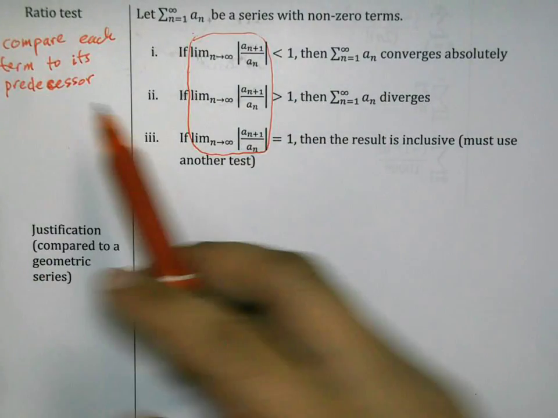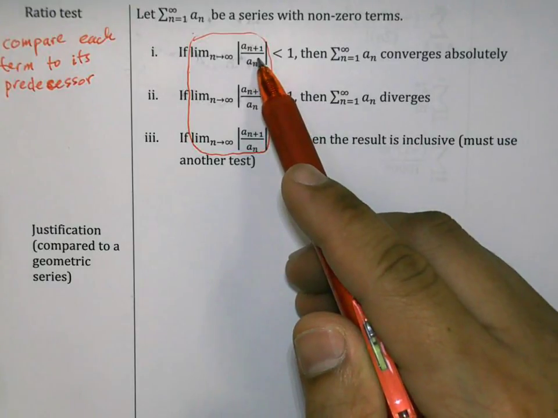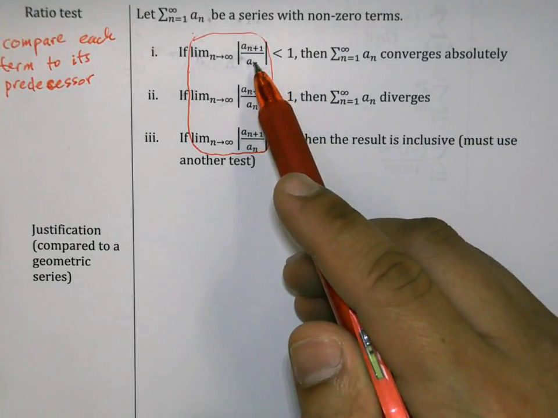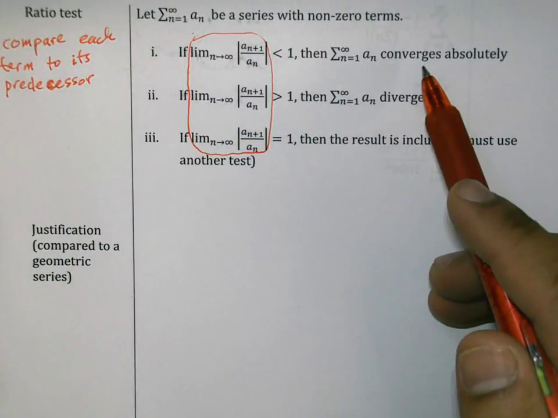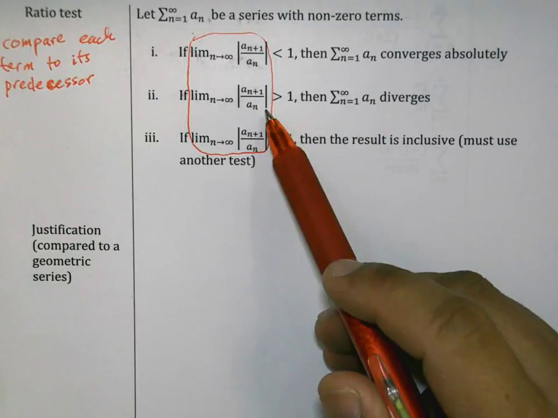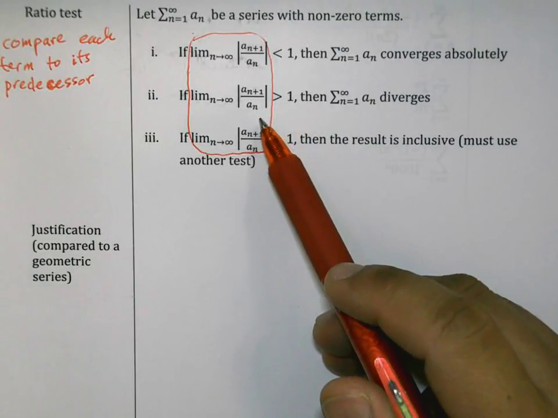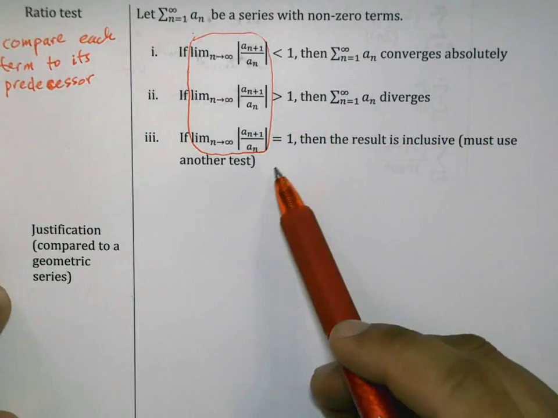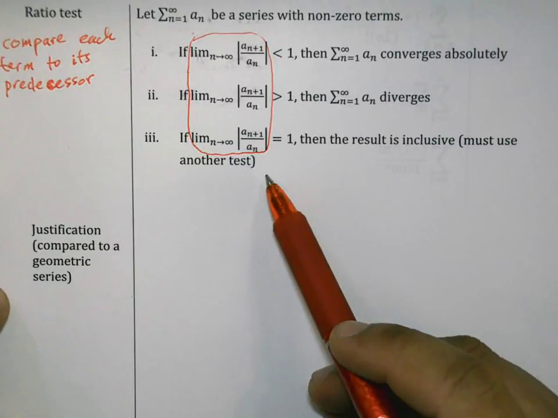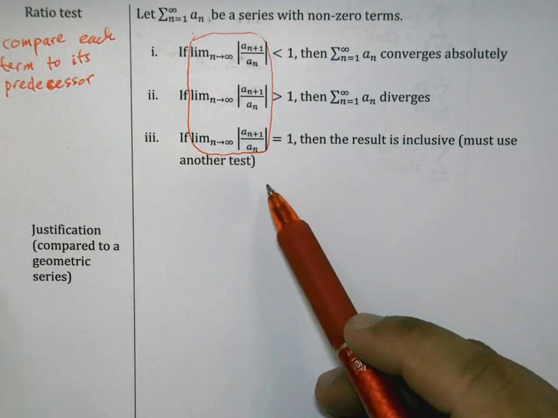If in the long run the ratio between the current term and its predecessor is getting smaller, then the series will converge absolutely. If the ratio between the current term and the previous term gets larger than 1, then it's going to diverge. And if it happens to be equal to exactly 1, then the result is inconclusive.